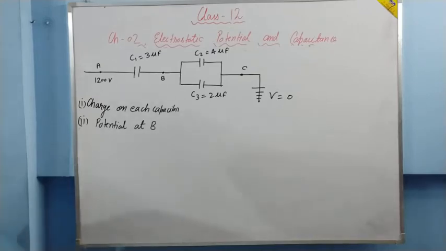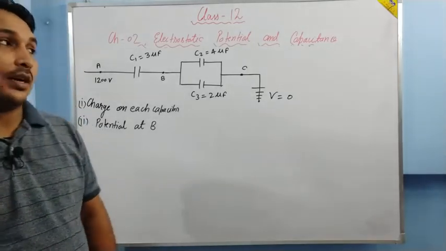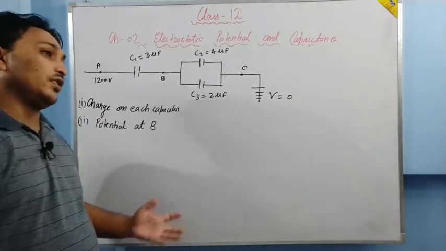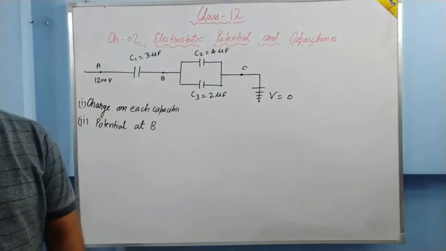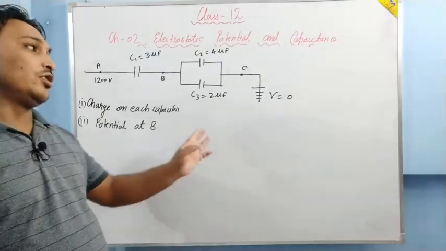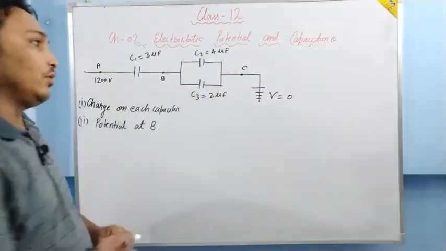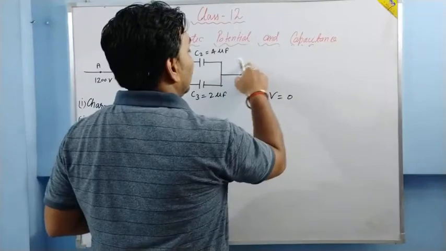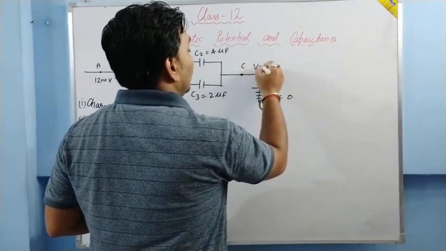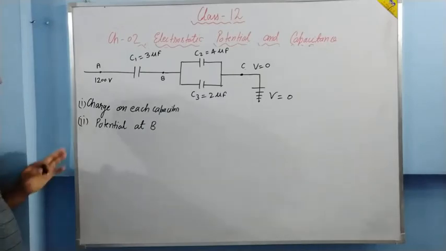Whatever amount of charge is given to the earth, it takes all the charges without increasing its potential. Potential of the earth is taken as 0. So here the potential is 0, and therefore at this point C, V is equal to 0.